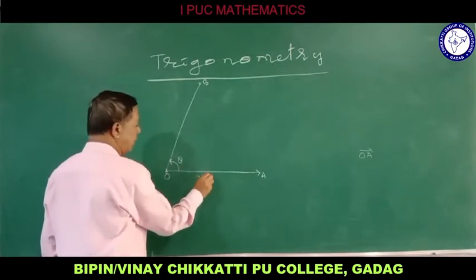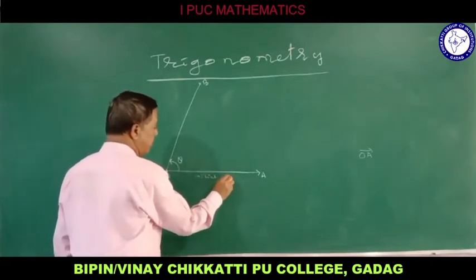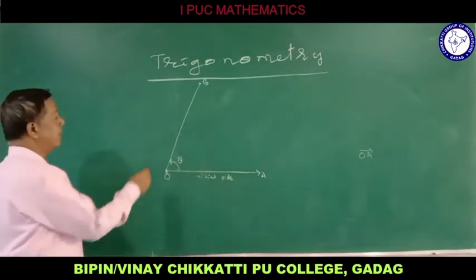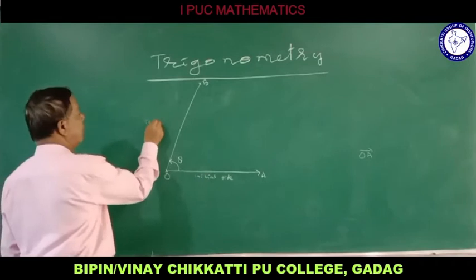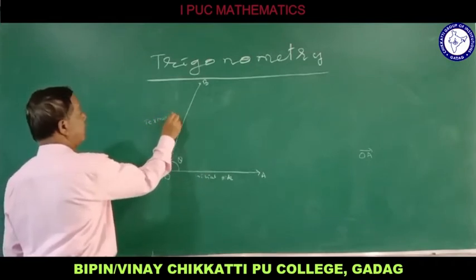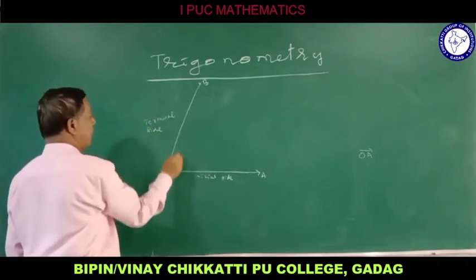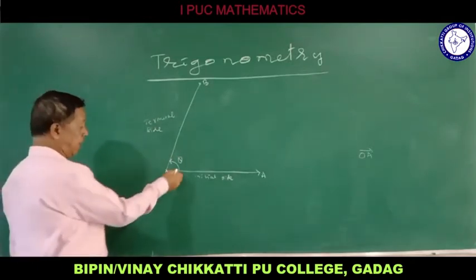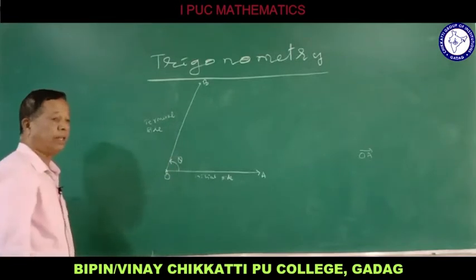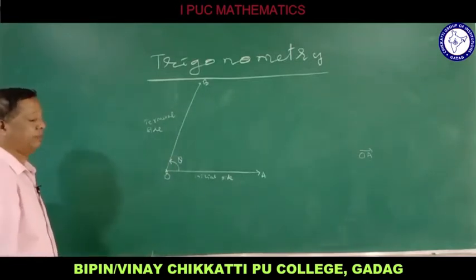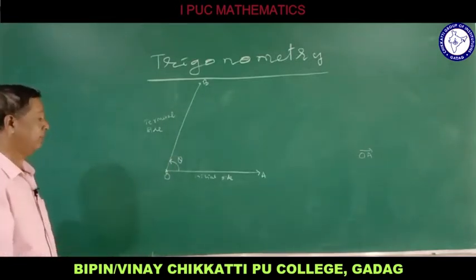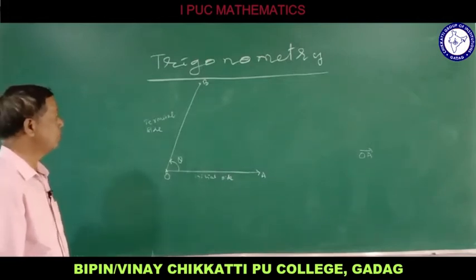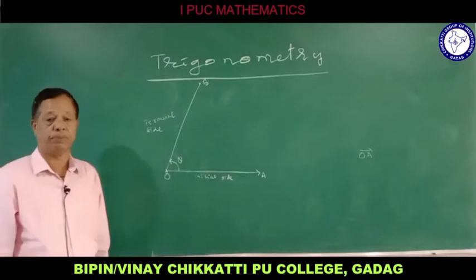This is called the initial position, or you can say the initial side of this angle, and this side is the terminal side of the angle. So what do you say now? Angle is nothing but the amount of rotation about its one end from initial side to terminal side.